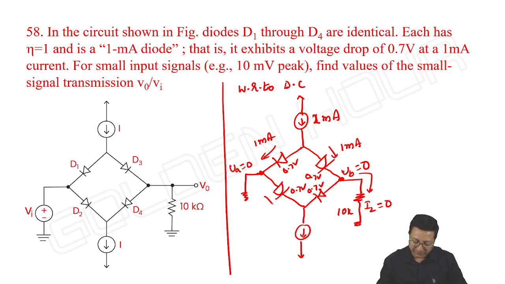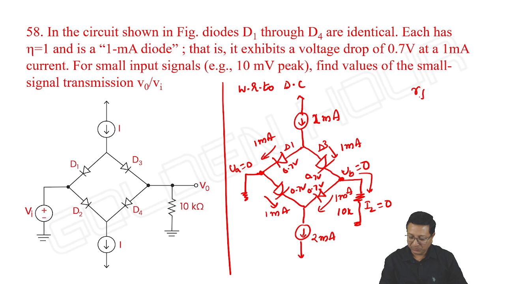Anyway, 1 milliampere and 1 milliampere are flowing through D1, D2, and D1, D3. D2, D3 also carry the same current, so again this is 2 milliampere. This is the equivalent circuit as far as DC is concerned. It is a balanced bridge we can take.